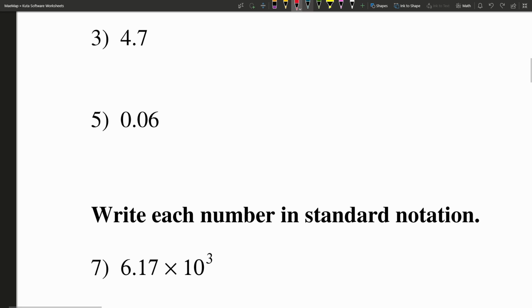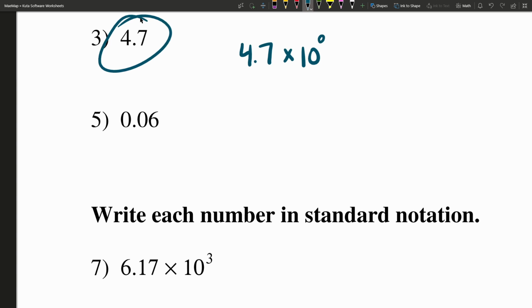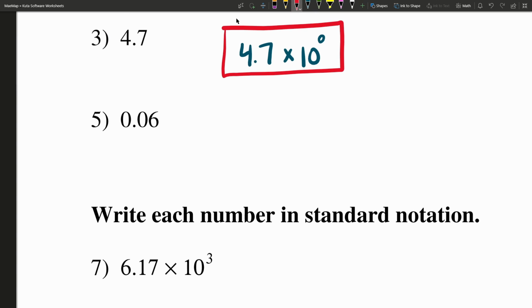So we're just going to rewrite this as 4.7 times 10 to the, well, we don't want to multiply it by anything that changes that decimal place. So if we multiply by 10 to the 0, 10 to the 0 is multiplying it by 1. And 4.7 times 1 is still 4.7. So 4.7 times 10 to the 0 is our solution for number 3.